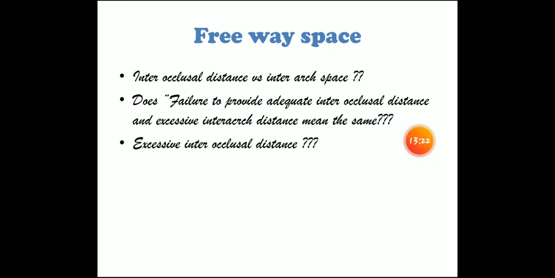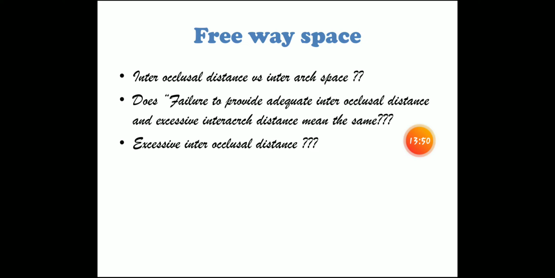In certain MCQs there is terminology which is very confusing, so I have tried to put it up. See here, interocclusal distance versus interarch space, mostly we get confused. Interocclusal distance is the distance between the occlusal rims or the occluding surfaces, that is the teeth in dentate individuals, and occlusal rims or artificial teeth in complete denture patients.